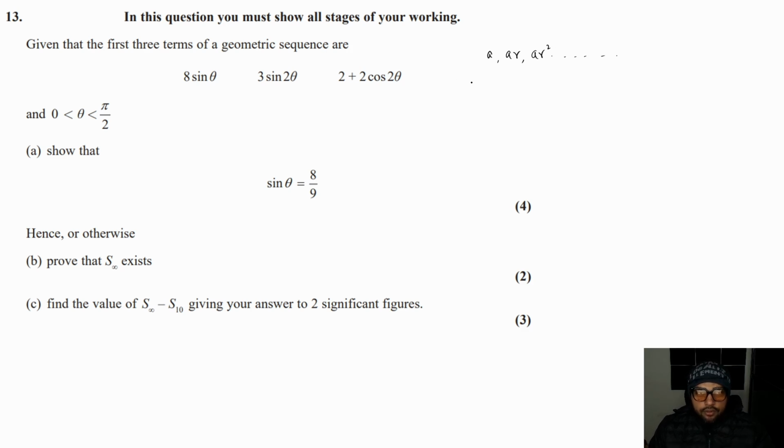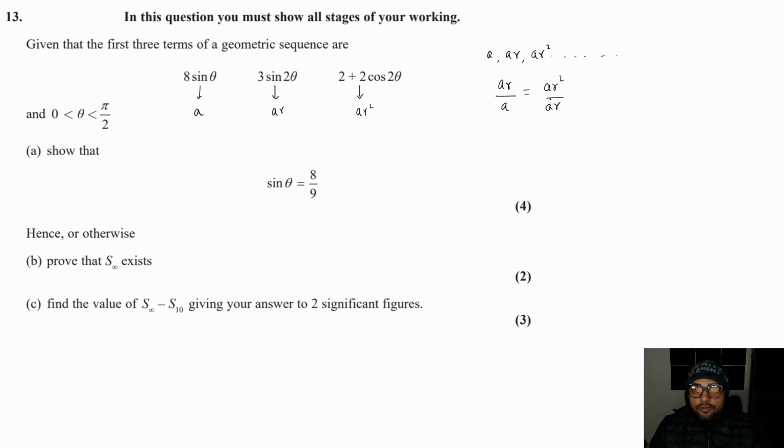Now the second term here is 3 sin 2 theta, and the first term is 8 sin theta. So I'll write it here: this is A, this is AR, this is AR squared. From here we can say that AR by A will always equal AR squared by AR, meaning the second term by the first term will equal the third term by the second term.